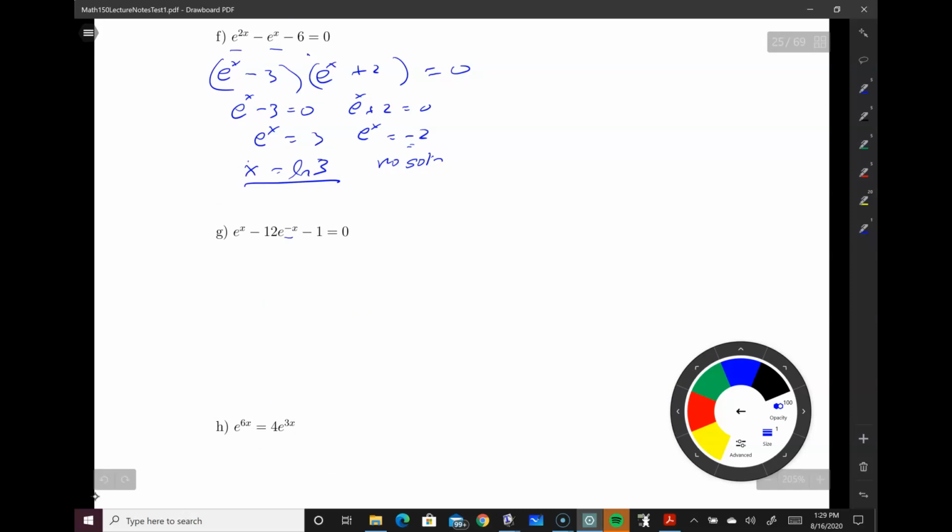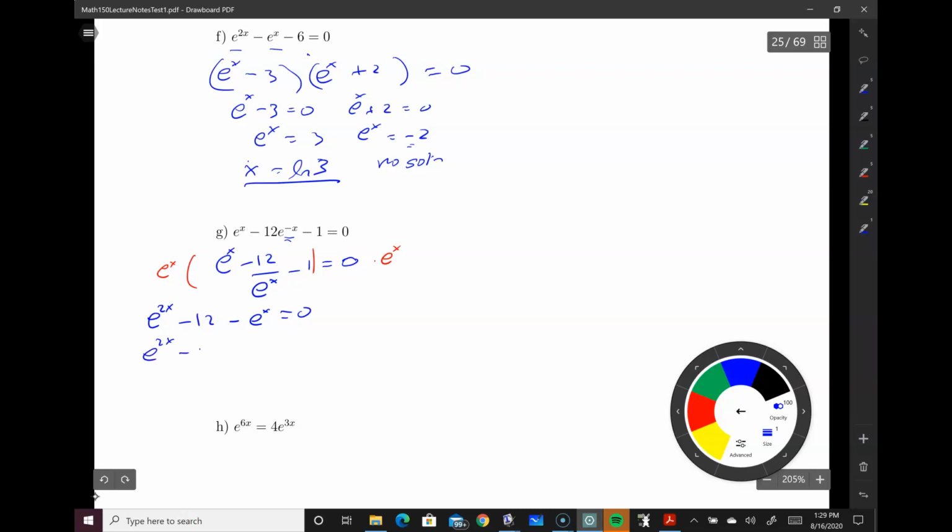This has e to the negative x. That's not going to factor. I'm going to be saying a lot this year: if you see negative exponents, put them in the denominator so you can see what they are. And I think I want to get rid of the fractions by multiplying both sides by e to the x. So I get e to the 2x minus 12 minus e to the x equals 0.